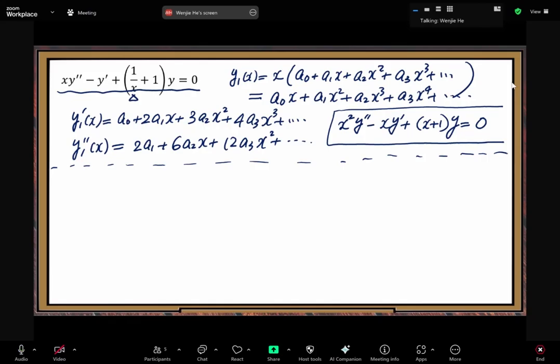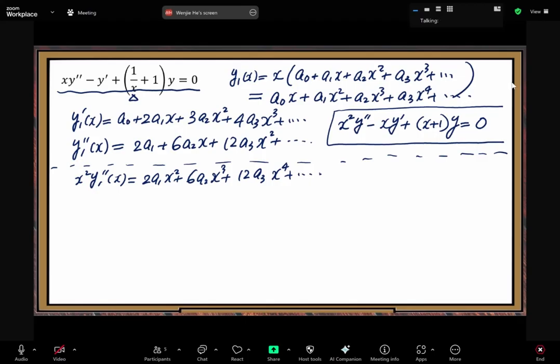All right. y double prime multiplied by x squared, so x squared y1 double prime: 2a1 x squared plus 6a2 x cubed plus 12a3 x to the 4th. So that should be enough.